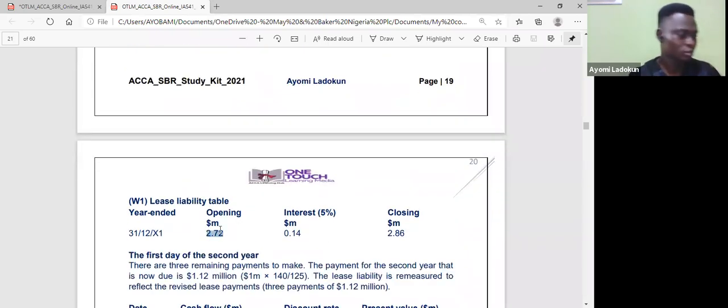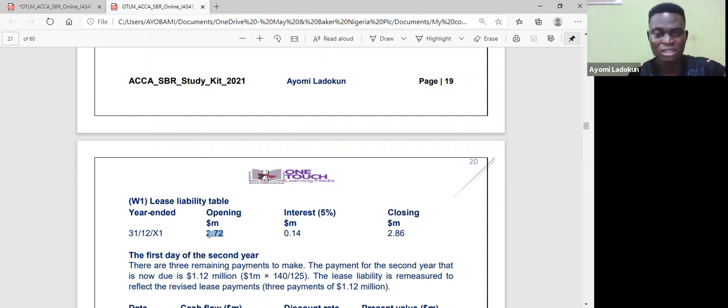Can you see? Now listen. You know, the lease liability table I just did for you has 5 columns. This will have 4 columns. Remember that I've already paid at the beginning of the year. So it's not in arrears. I've already paid, so payment is gone.